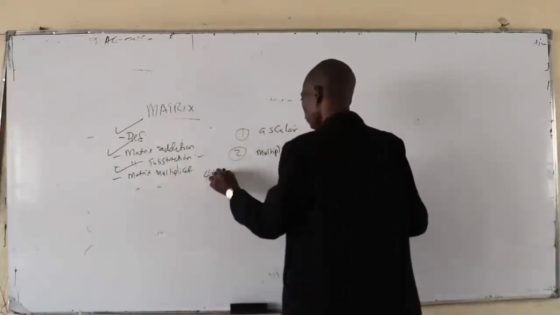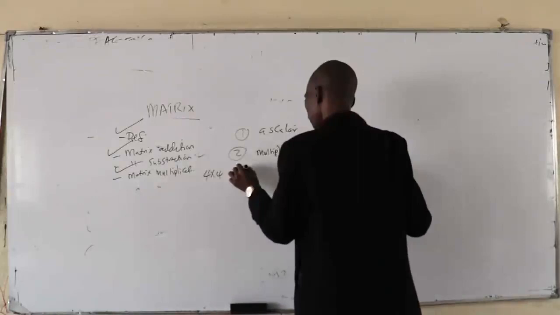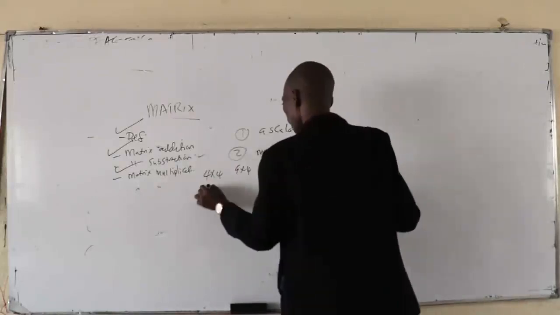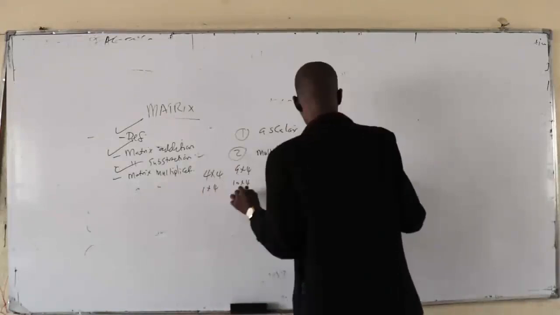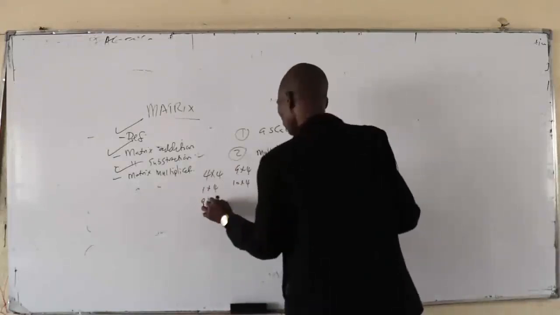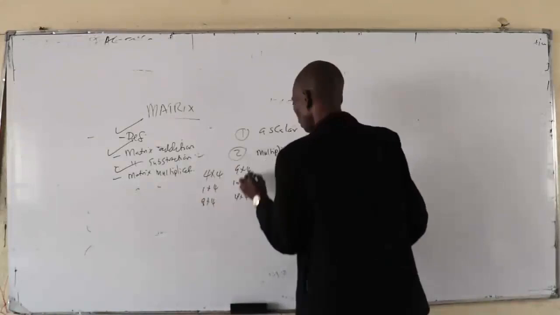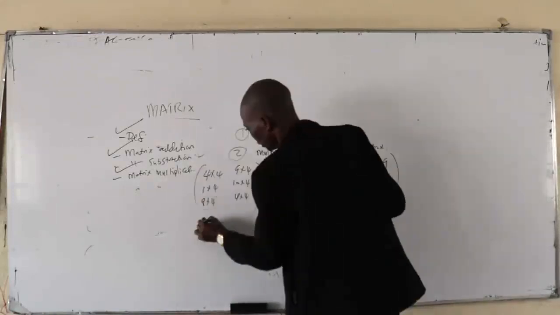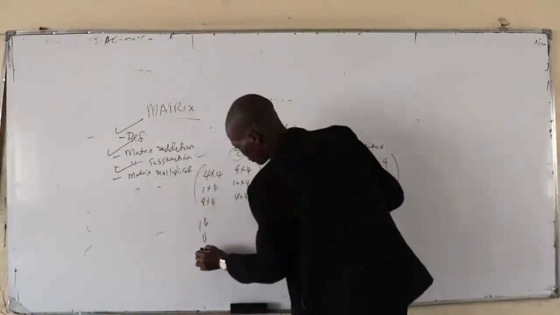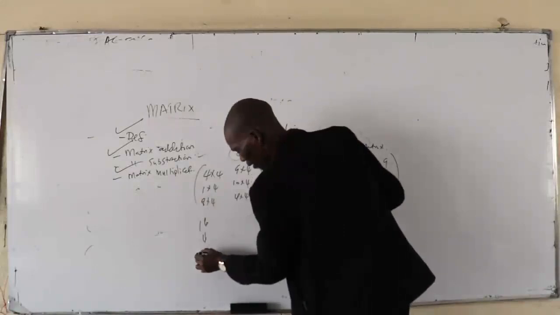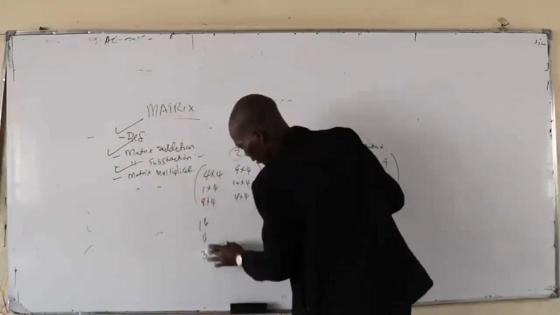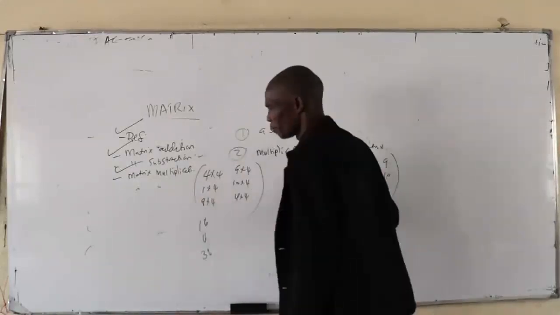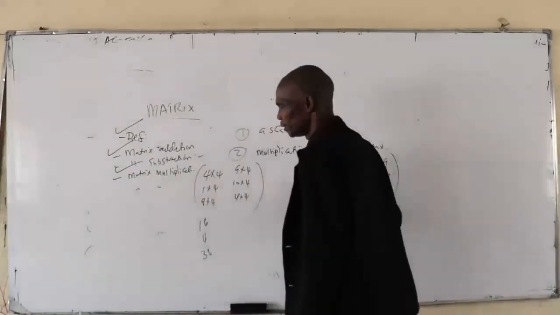This is 4 times 4, 9 times 4, 1 times 4, 10 times 4, 8 times 4, 4 times 4. So you're able to get it. This is 16, this is 4. This is 36. No, 18 times 4 is supposed to be 32.